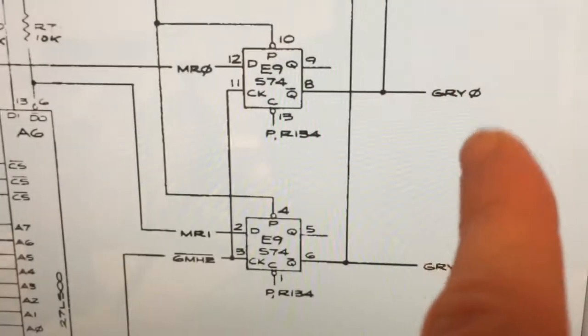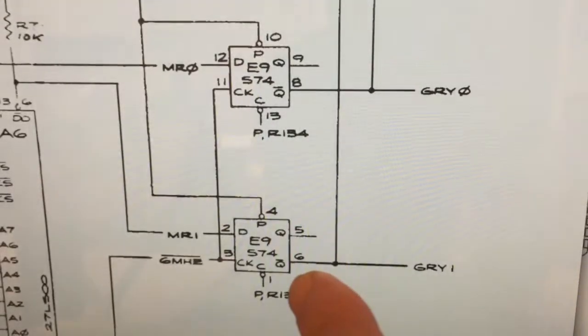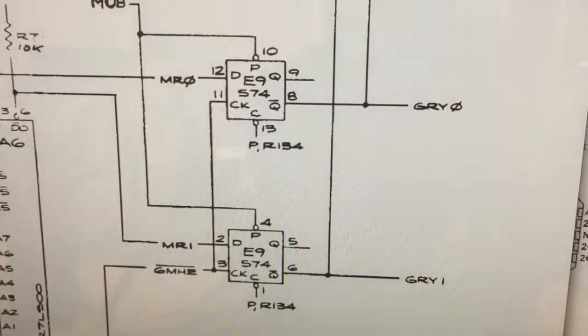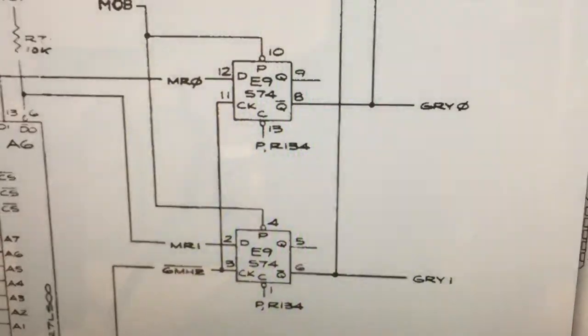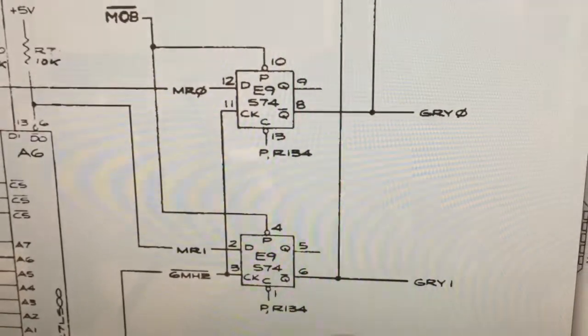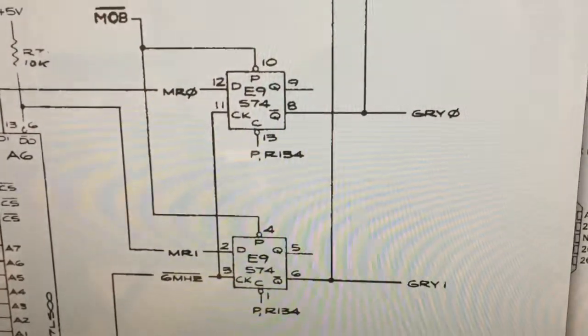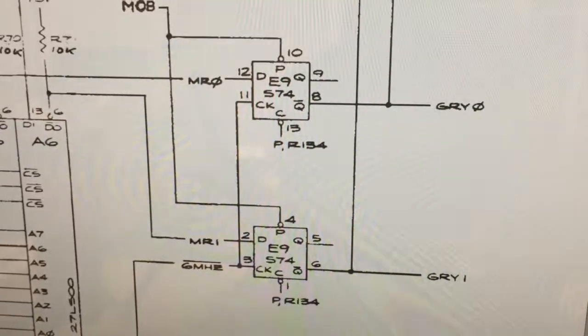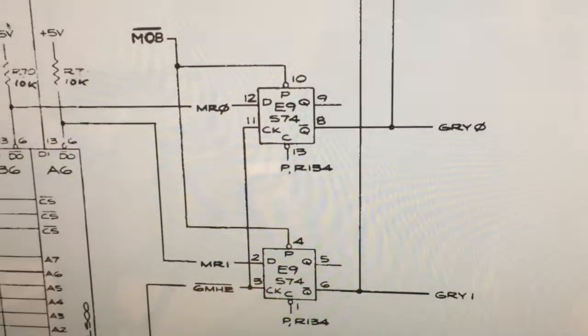The output signals GRY0 and GRY1 are fed via the negative outputs of the flip-flop. So the next step would be to look at MR0 and MR1 and see if they actually carry some toggling data.